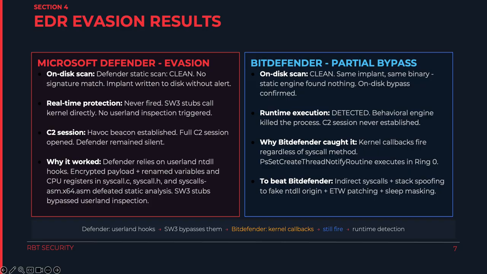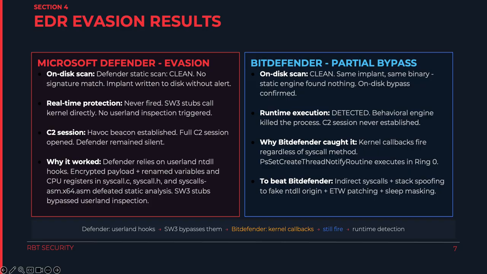Against Bitdefender, we saw a different story. The static scan was clean, so we were able to evade Bitdefender on this engine. But when we executed, Bitdefender's behavioral engine terminated the process before the C2 session could be established, right?